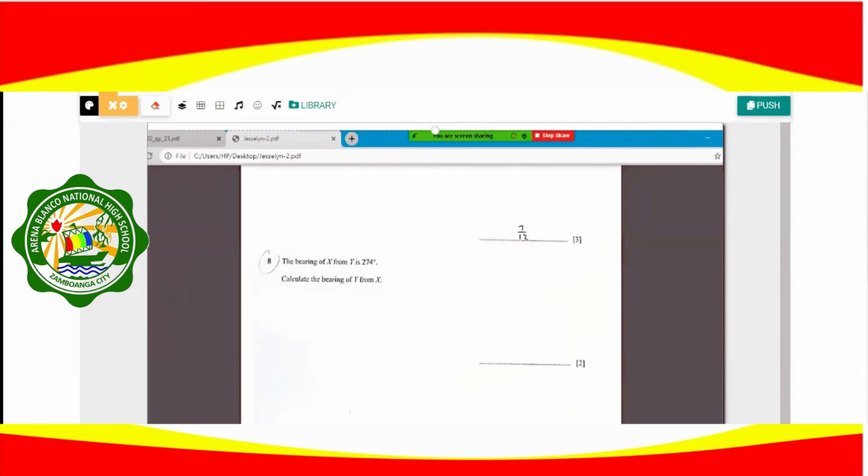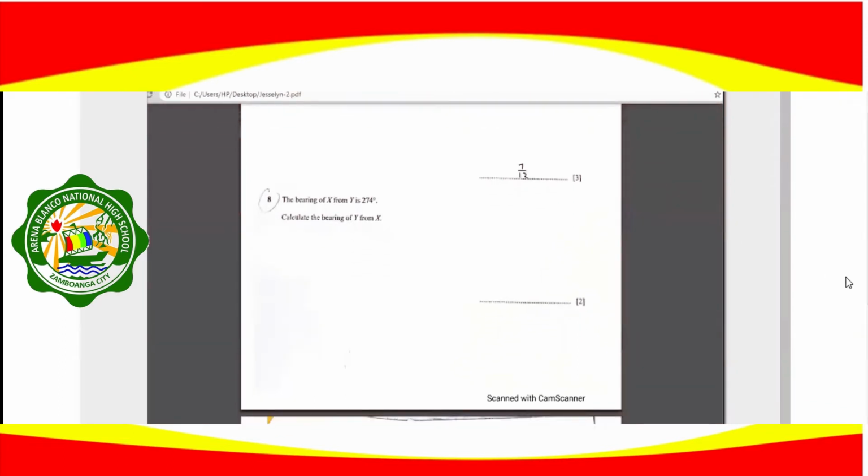From before. Okay, so for number 8, it says that the bearing of x from y is equal to 274 degrees. And we know very well that bearing is expressed using 3 digits, right? Yes. Okay. Now, the question is, calculate the bearing of y from x. So, when we say the bearing of x from y, it means if we have the Cartesian plane like this, correct?